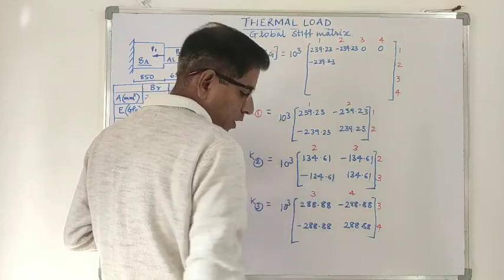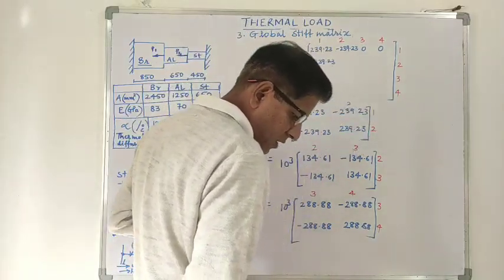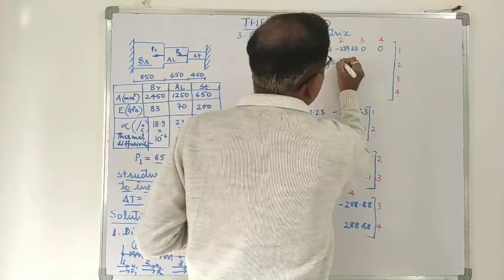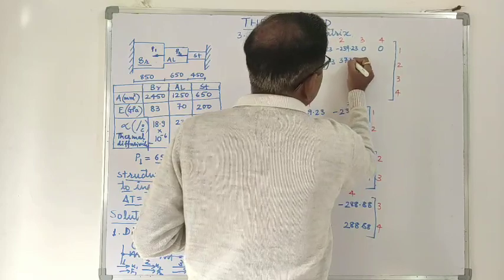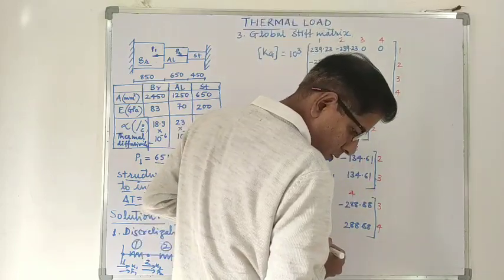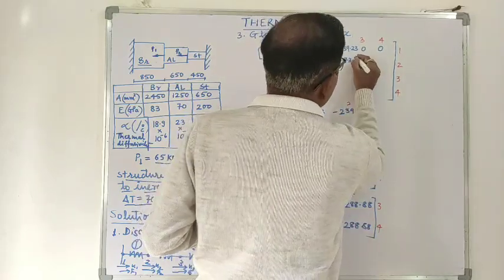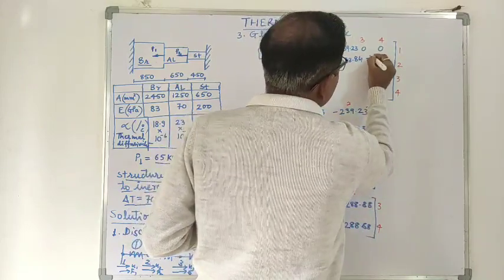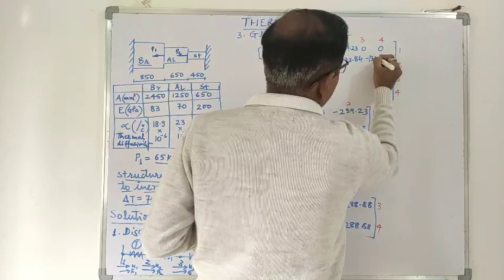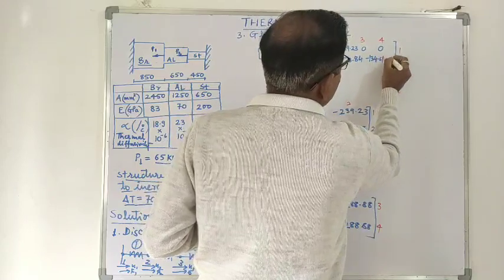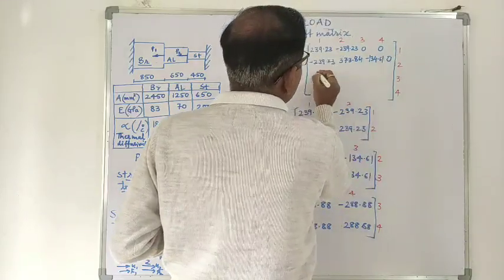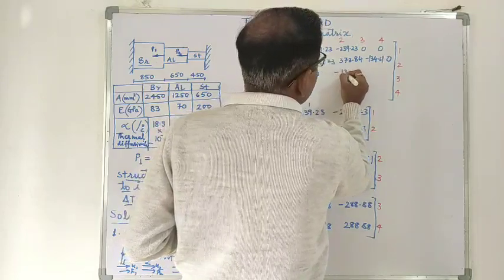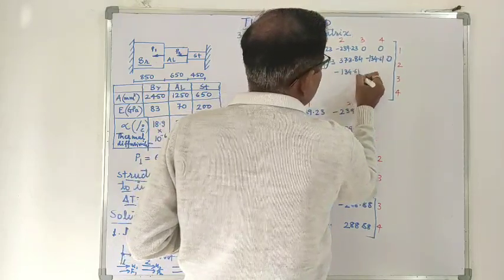and 134.61. So the total becomes 373.84, and then it is minus 134.61. This is 0, 0, minus 134.61.